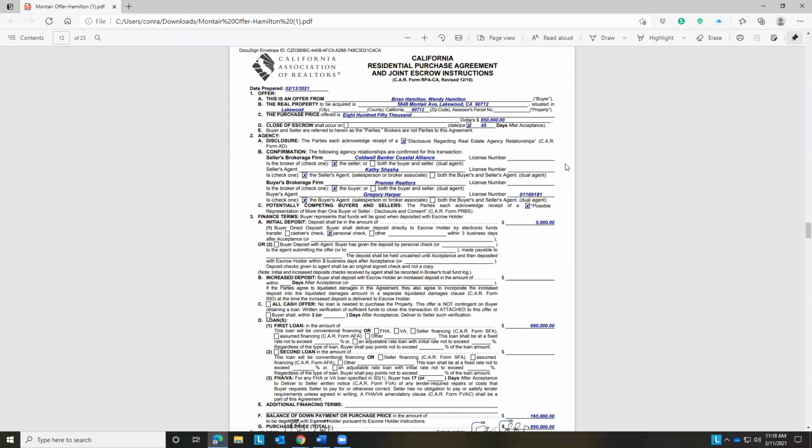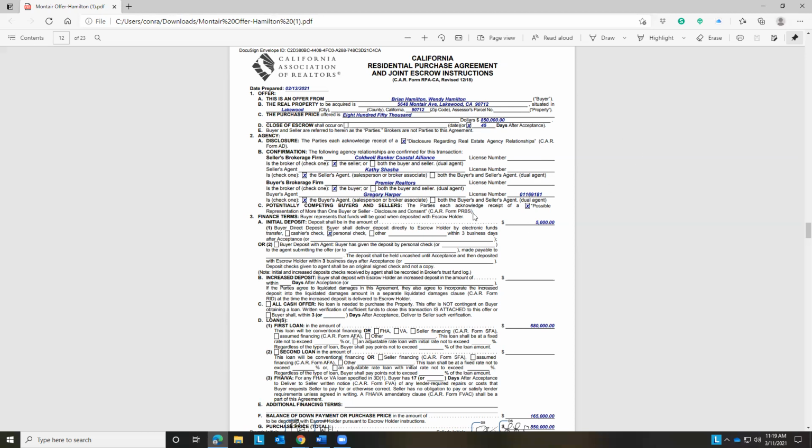Number 2 on page 1 of the purchase contract, B, confirmation of agency relationships. I received this contract last month, and the buyer's agent did not fill out any of the license numbers. They didn't even fill out their own broker's license number.